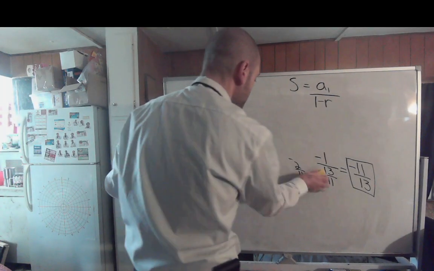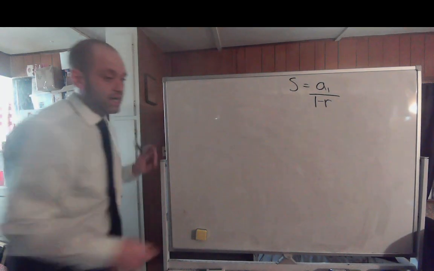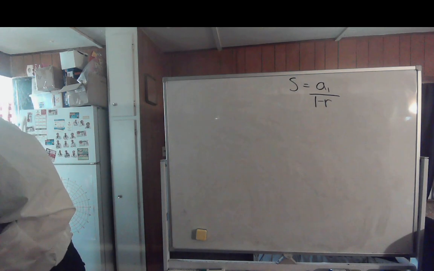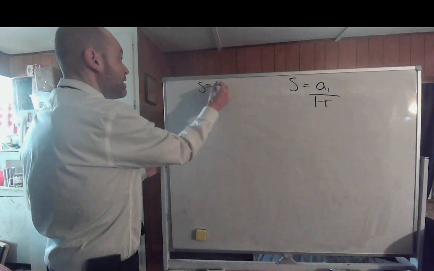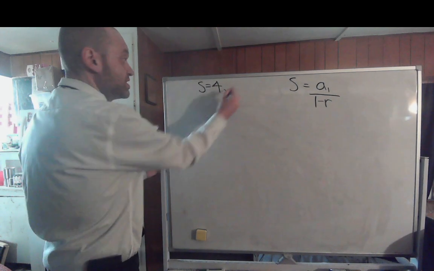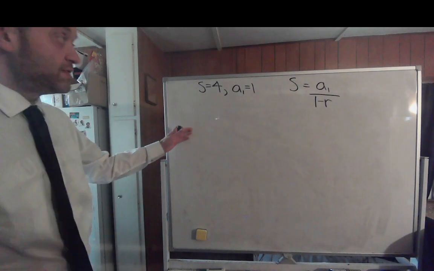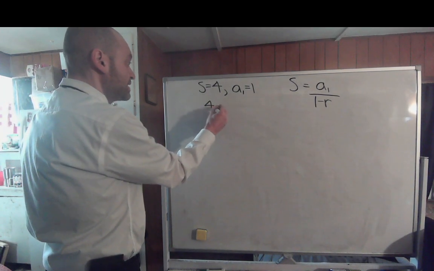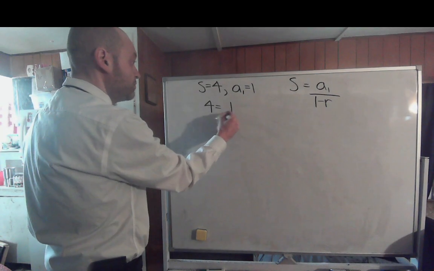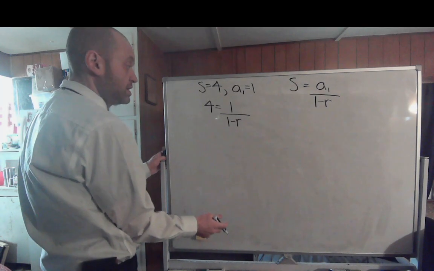Now let's change it up a bit here. We're going to try to find the common ratio. So we're given that the sum of a particular infinite geometric series is 4 and the first term is 1. We need to find the common ratio. So if your sum is 4, that's going to equal your a sub 1 of 1 all over 1 minus your common ratio, right?